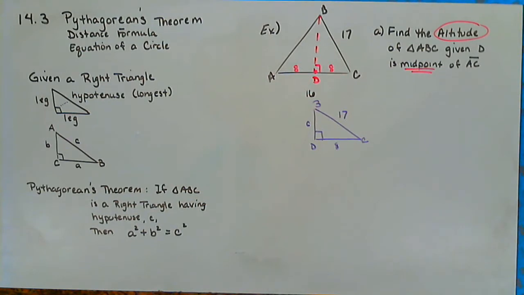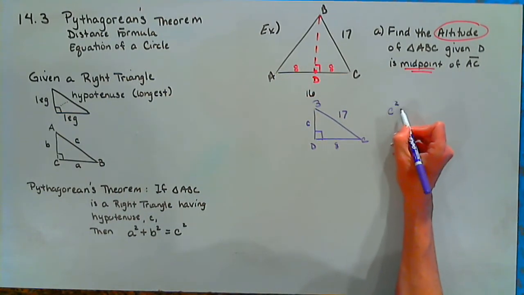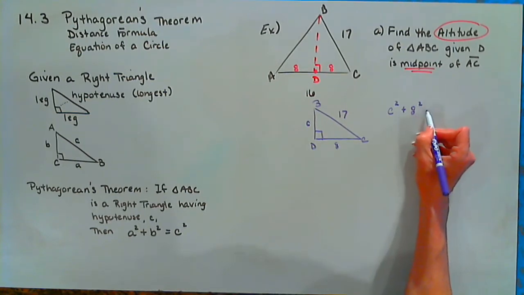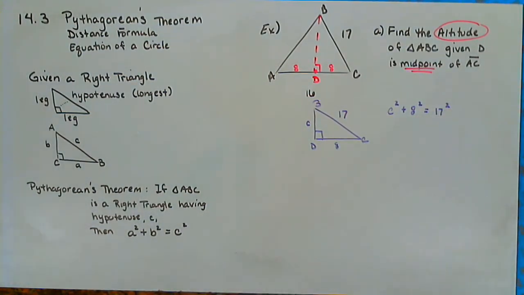Well, because it's a right triangle, then I know that the sum of the sides squared. So C squared plus 8 squared will equal the hypotenuse squared. So I don't have to get locked into the letters A, B, and C. I need to know what they represent. They need to know these are the side lengths.